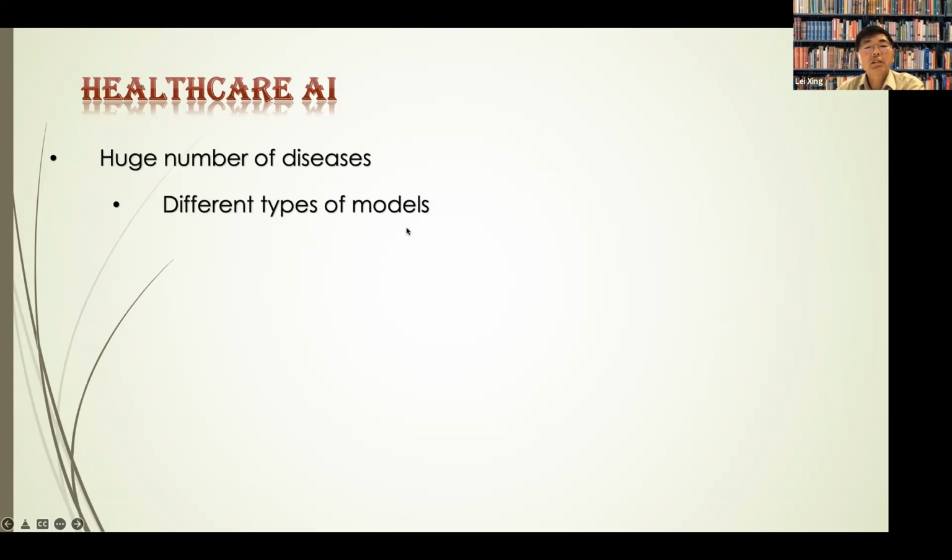Different types of models, right? The computer science people don't make our life easy. There are so many different algorithms, and every few months a new algorithm comes out. So how do you adapt those new technologies into healthcare? That's quite a big challenge.